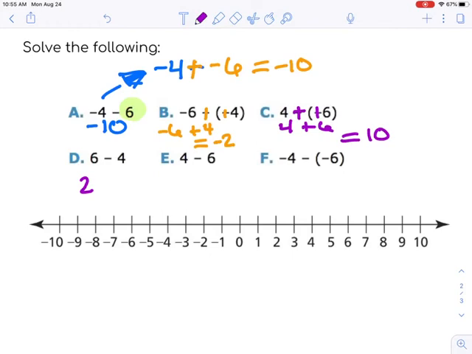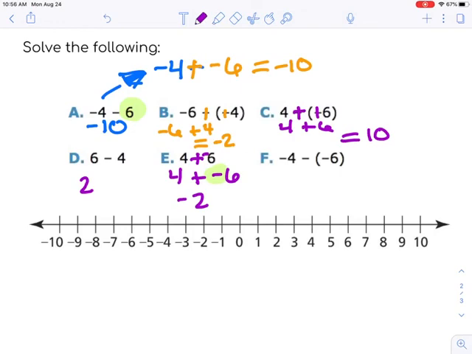4 minus 6. So I'm going to change that negative to a positive sign. Do the opposite of positive 6, which would be negative 6. So now I'm adding a positive and a negative, which if you guys remember from yesterday's lesson, you're subtracting. So you're left with 2. However, the larger number has a negative sign. So my answer is going to be negative here.